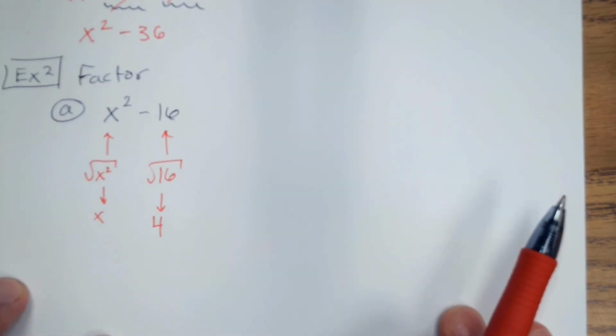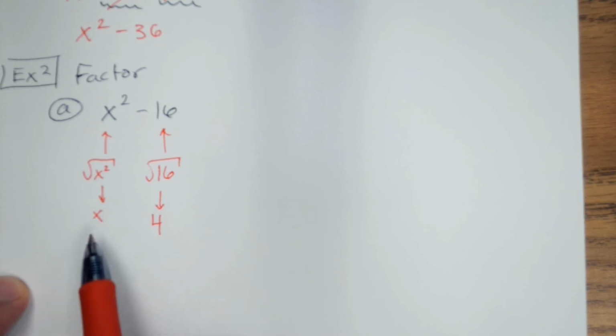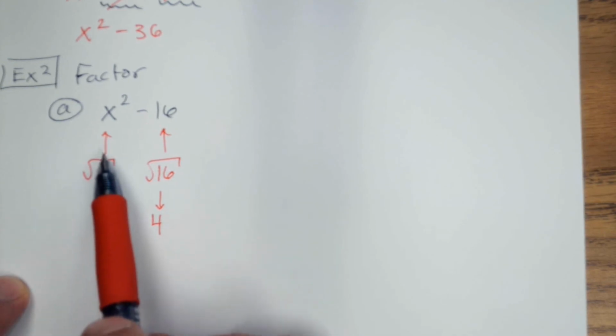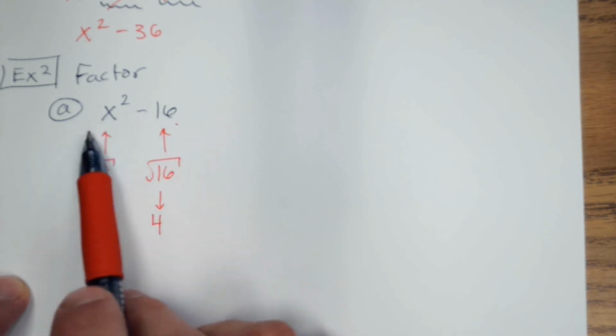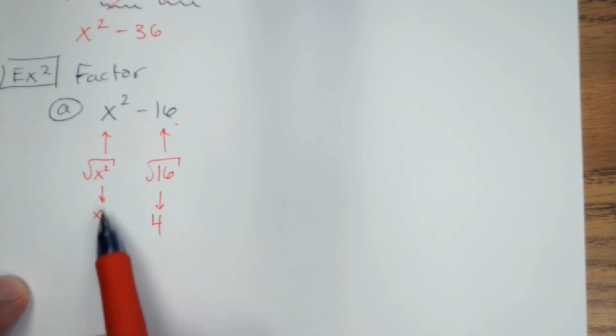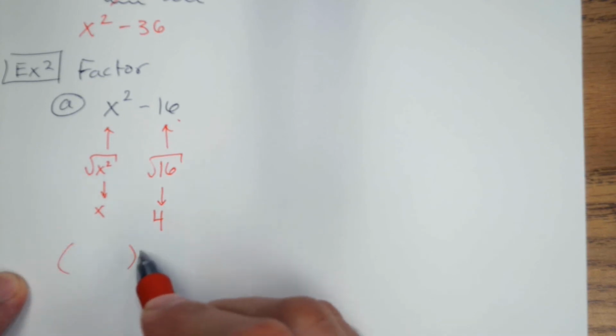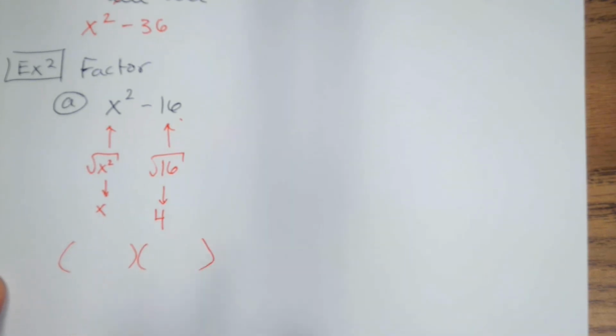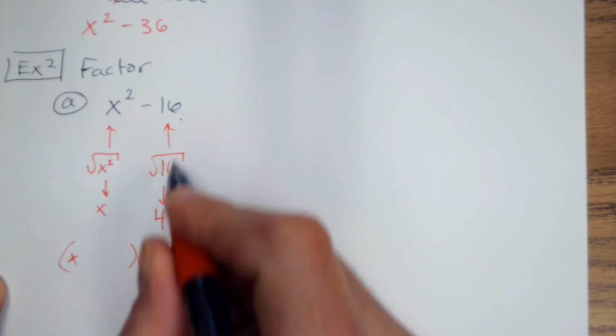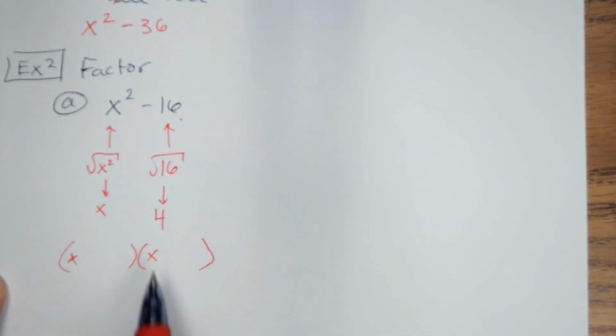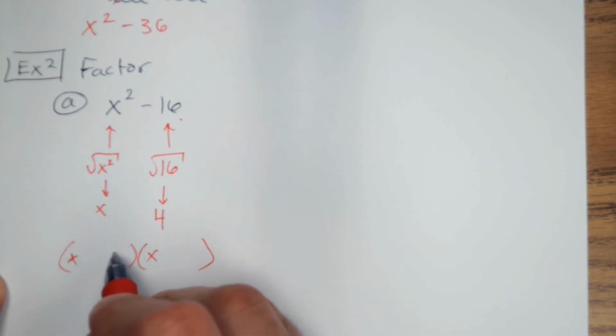So since I can write those as two perfect squares, since I can figure out what the square roots are exactly, then I can just write two sets of parentheses, the square root of this one in the front, and then the square root of this one in the back.